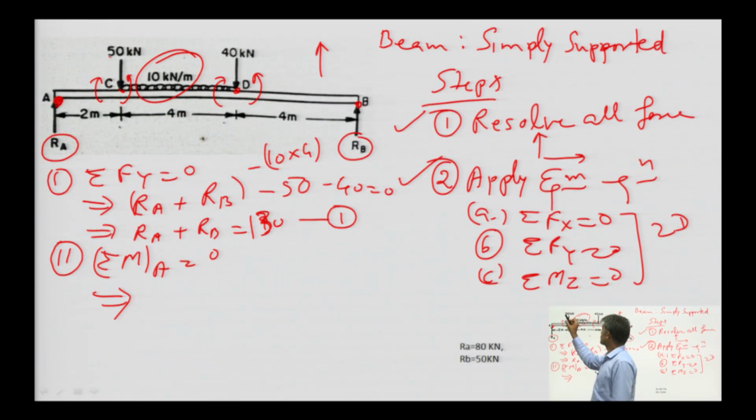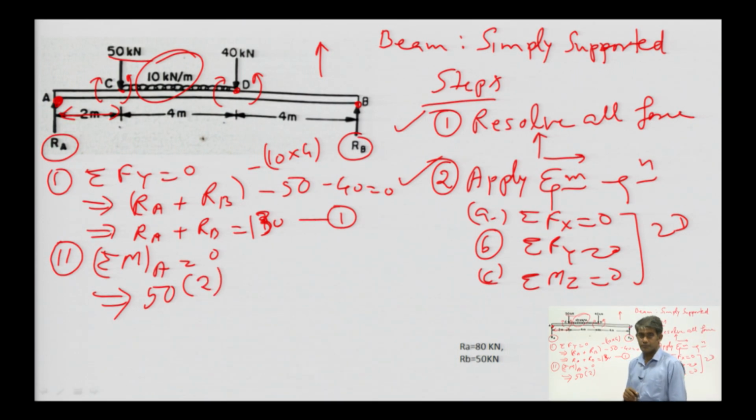Come to next force, which is 50. So, the moment about point A is 50 into perpendicular distance. It is shown that this distance will be taken as perpendicular. What is the value? 2.